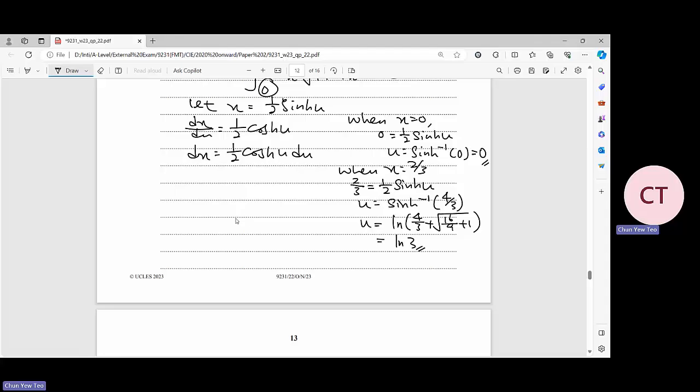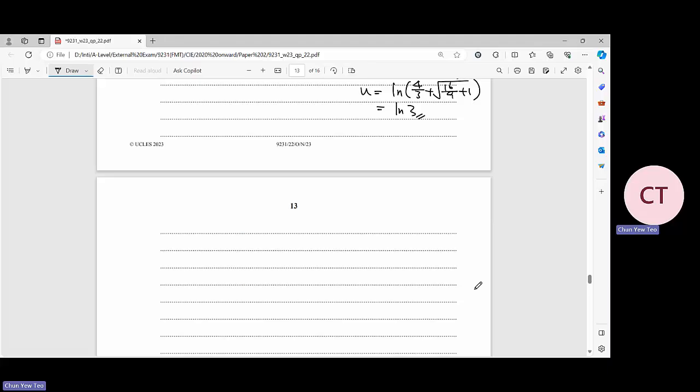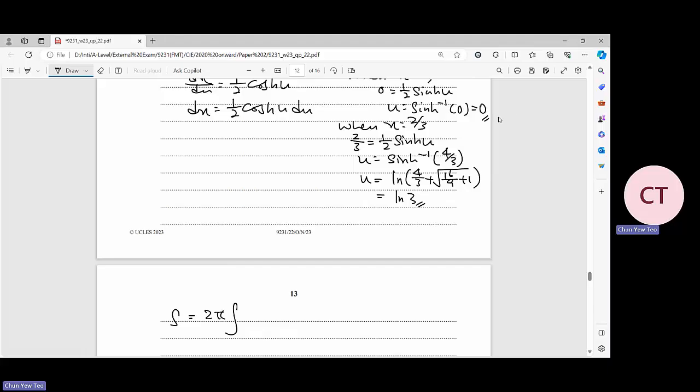Okay, so now everything is ready, we can continue with the surface area. So now I need more space. I write this one down. So S is equal to 2π. I change the limits. When x is 0, you will get 0. But when x is equal to 2/3, this one will become ln 3.